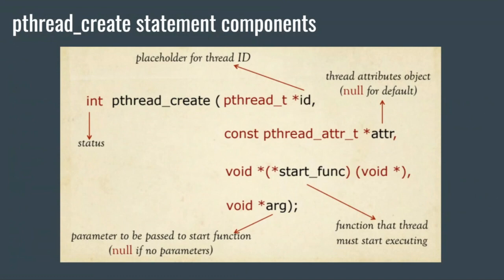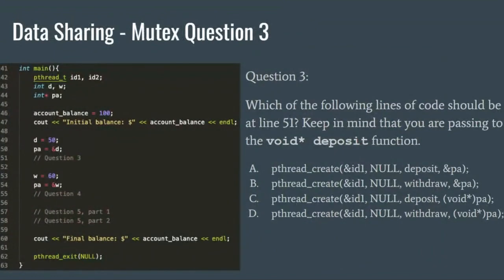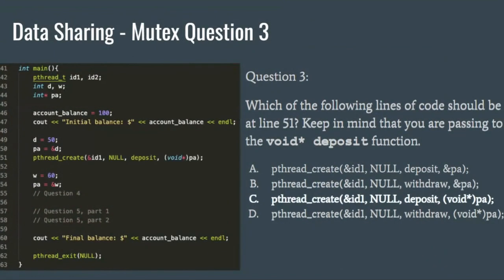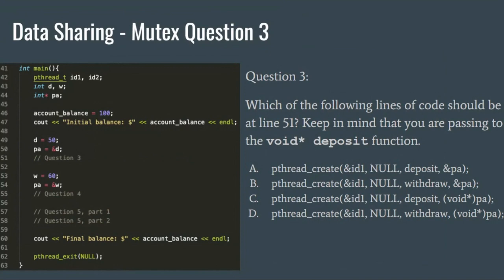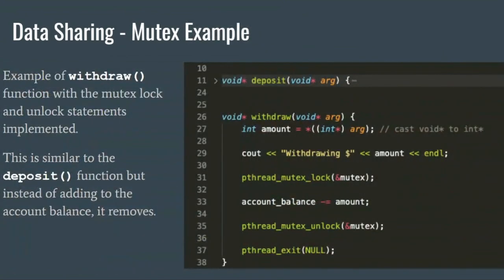Exactly, the parameter passed to the function. Like we said, you had to keep in mind what the deposit function looked like. Chris, if you go back to the deposit function slide really quickly. Yeah, here it is. Take a look at our parameter. What type of parameter do we need?